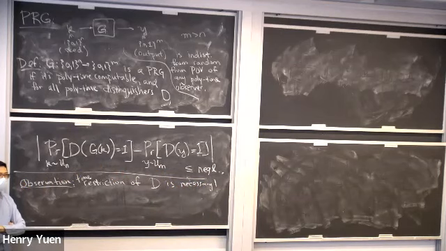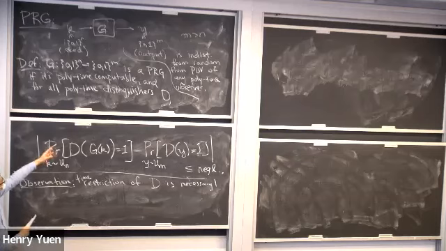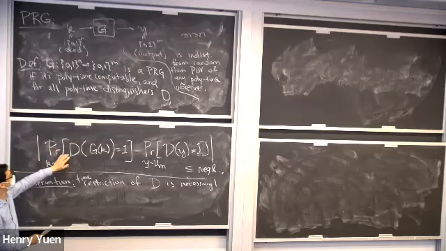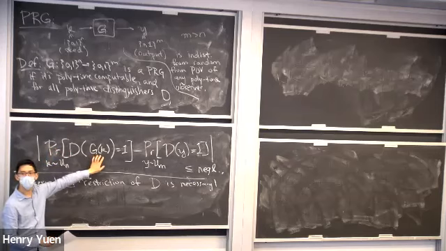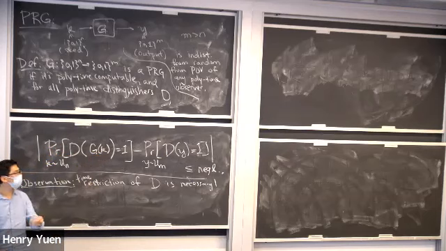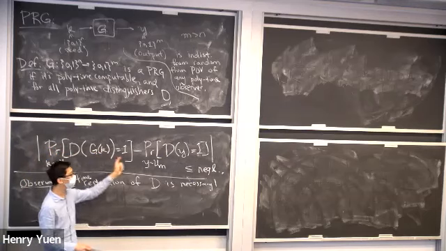I'm in Tal's class, so maybe this is cheating, but you could just try running the generator on all 2 to the n strings. And then if the output that you were given was one of those possible outputs, you predict that it was from the generator. Exactly. So if you allow the distinguisher unlimited time, it could just memorize all the possible outputs of G and just say, is y in that set of outputs or is it not?